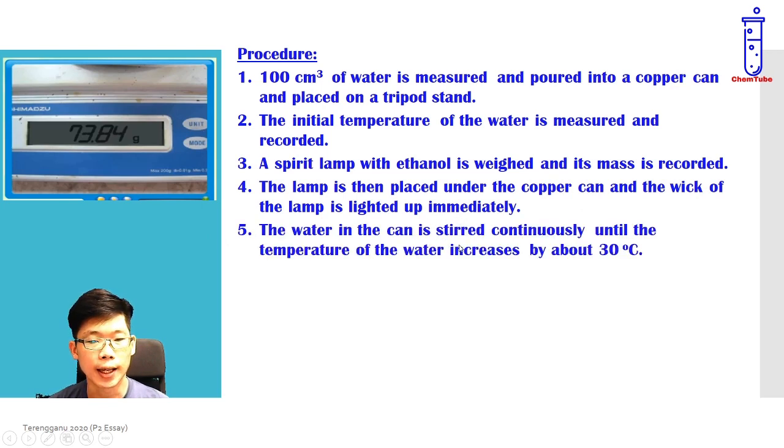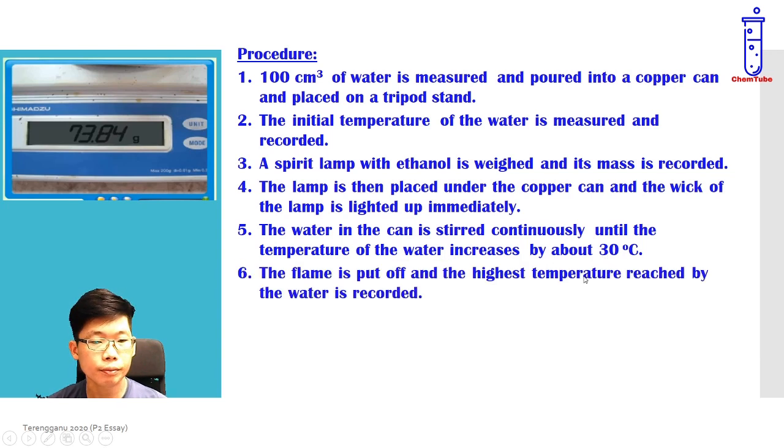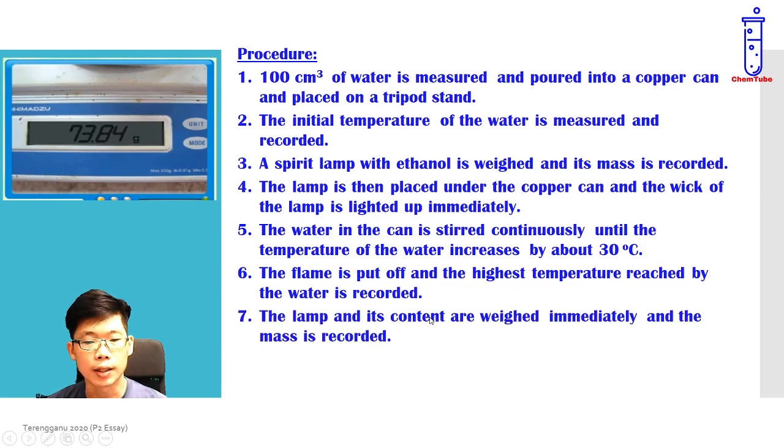The water in the can is stirred continuously until the temperature of the water increased by around 30 degrees Celsius. Then the flame is put off and the highest temperature reached by the water is recorded. Then the lamp and its contents are weighed again immediately and the mass is recorded. Here you have to weigh it immediately because the alcohol can easily evaporate.